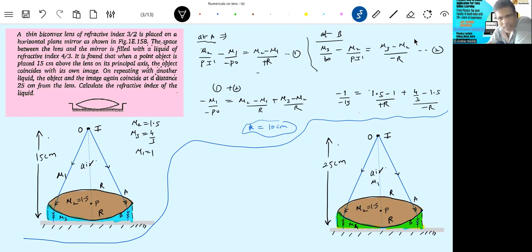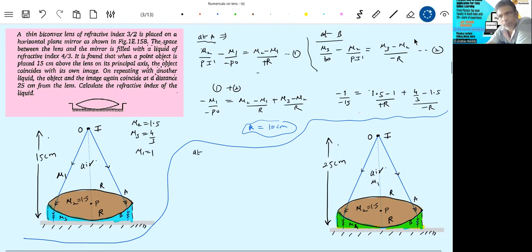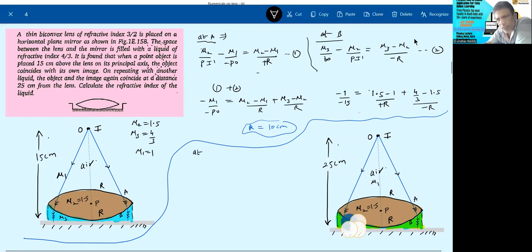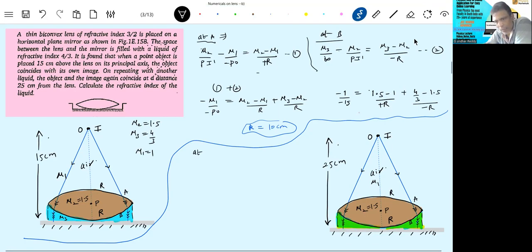So again at A, I'll write it here, mu 4. So this is at A, then again mu 2, pi double dash, some image here.